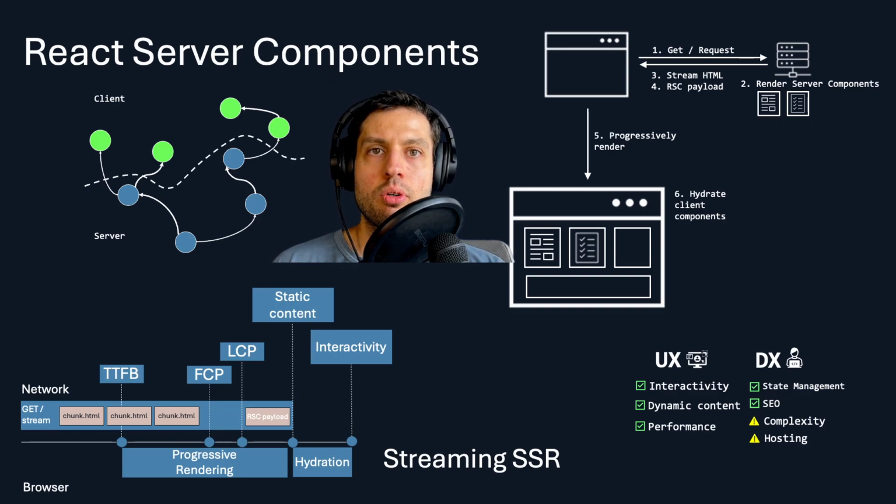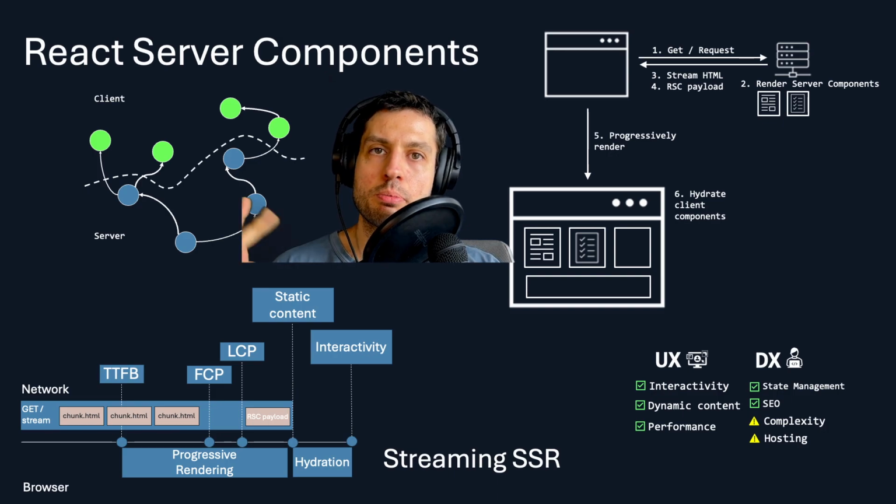Let's see how the flow goes, as it's not that simple. We make a GET request. Then on the server, there's a bit of a play between Next and React. We render the server components. We combine them with the client components' HTML. We stream that. We also generate a payload for the React server components. That is called the RSC payload.